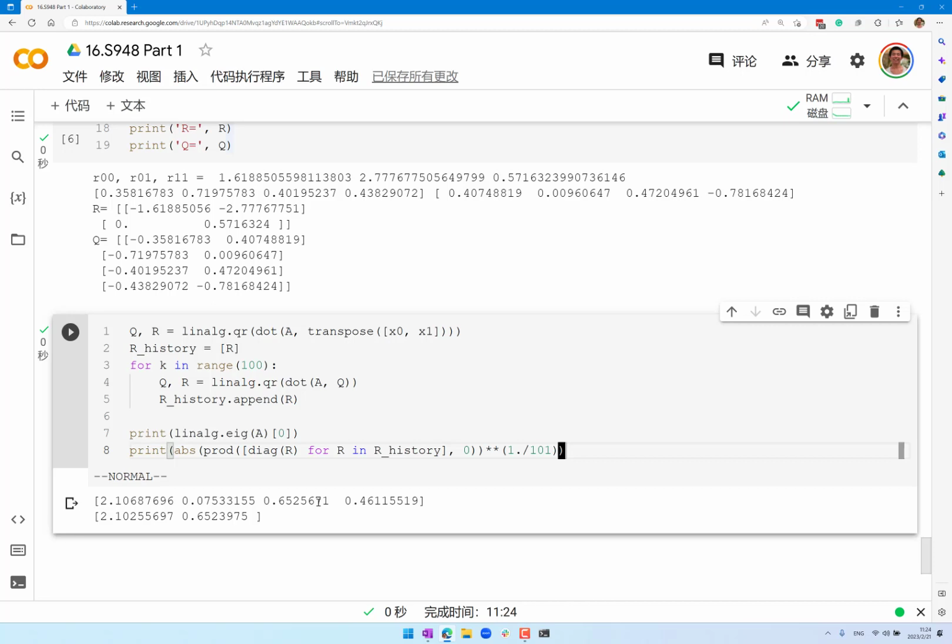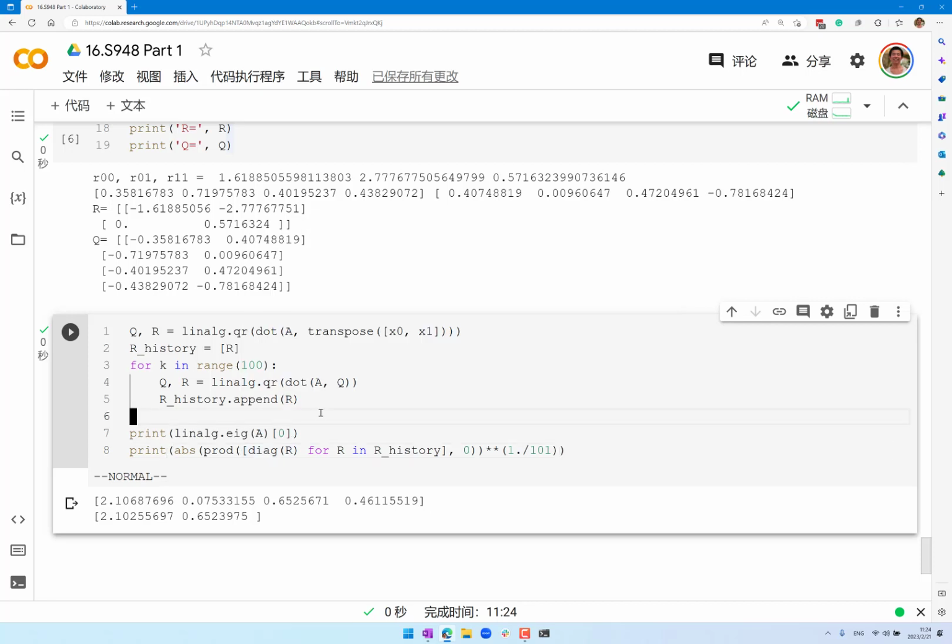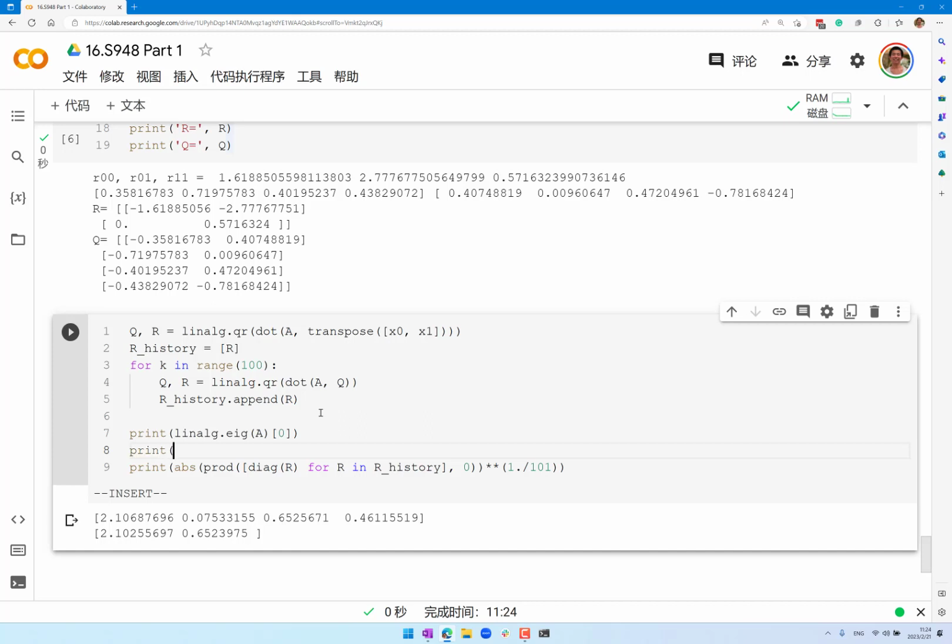Why is it 101? Let's take a look at the largest eigenvalue, right? Let's just see how many R's there are in this. So let's print the length of R history.